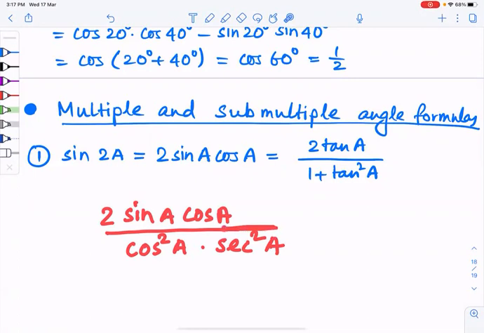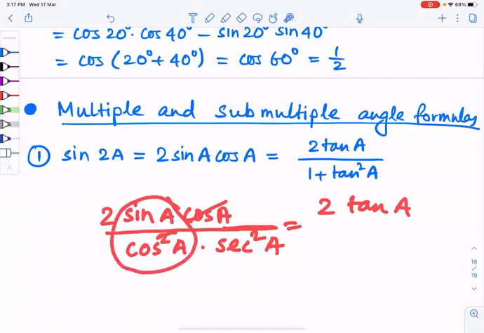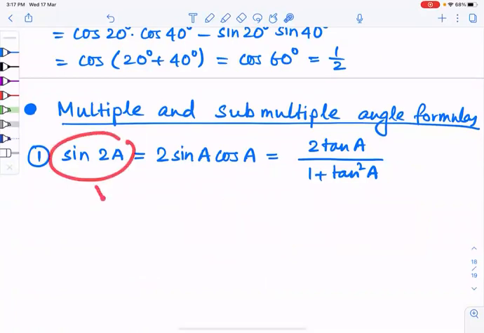Now this is equal to 2 tan a, because one of the cos is cancelled and sine a by cos a is tan, and denominator is sec square a, which is 1 plus tan square. That is also an identity. Why do I need this? Whenever I require to express sine 2a in terms of only tan, then I can use this formula.